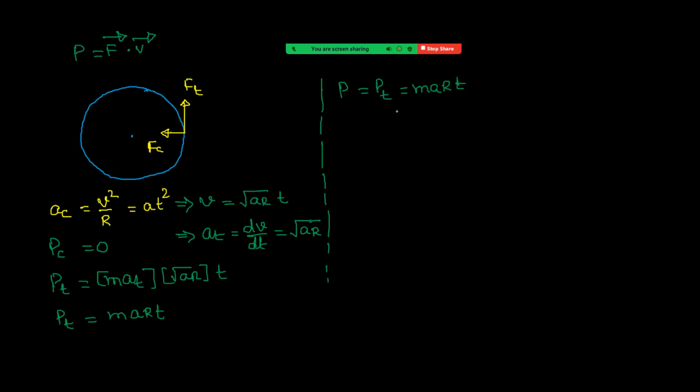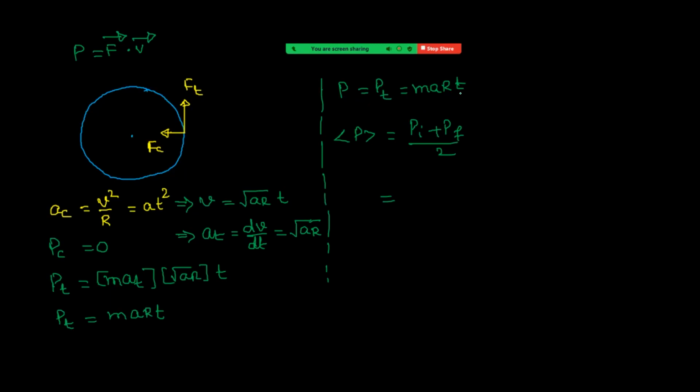Now we have to find average power in the first t seconds. And you can see once again here, this power is changing linearly with time. Therefore, average value is equal to initial value plus final value by 2.